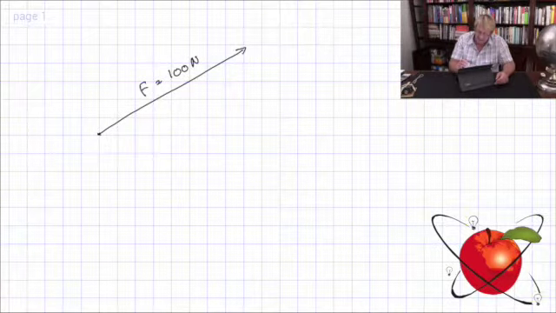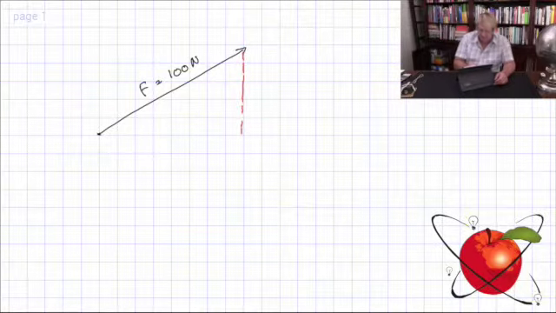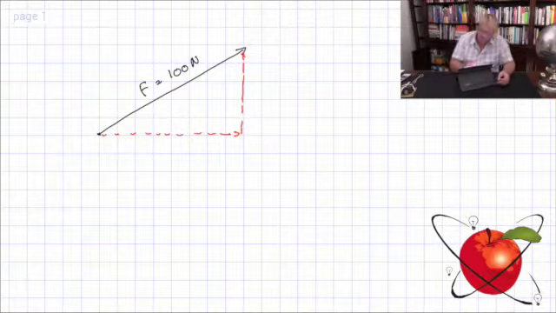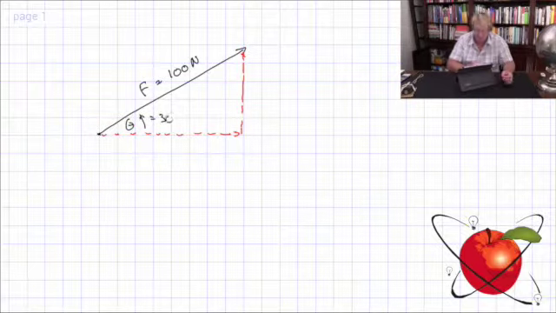Now remember, part of that force is going up and part of that force is going along that way. The last bit of information that we need is the angle theta. Let's call it 30 degrees, shall we?